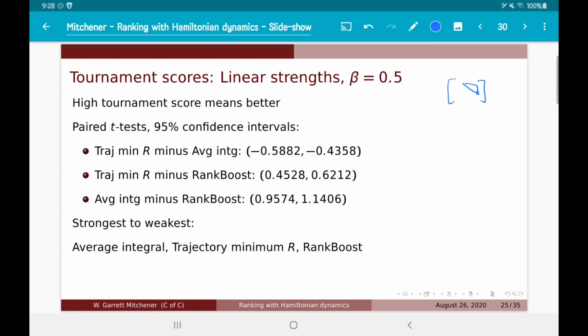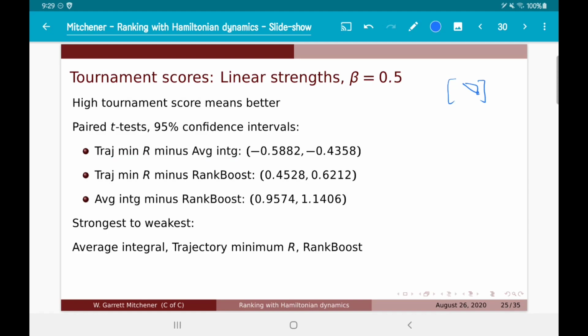Again, same 10,000 samples, subtracting the tournament score calculated using the ordering from trajectory minimum r, subtract off the tournament score calculated from the ordering from the average integral method, and you can see that this is comfortably negative. That means that the average integral method is actually giving slightly higher tournament scores. So according to this measure, the average integral method is slightly better.